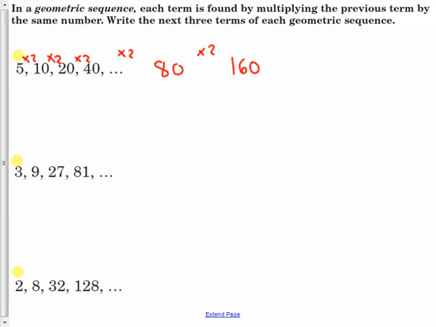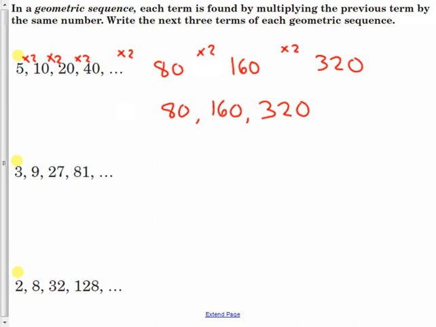And 160 times 2 is 320. So in this case, my next three numbers are 80, 160, and 320. The thing you'll notice about a geometric sequence compared to an arithmetic sequence is that they go up much faster because we're constantly multiplying bigger and bigger numbers by 2.